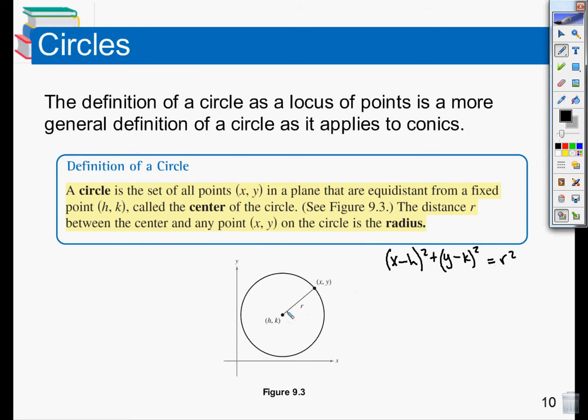So xy is just the collection of all points that are this radius away from the center point, and that's how we create the circle.